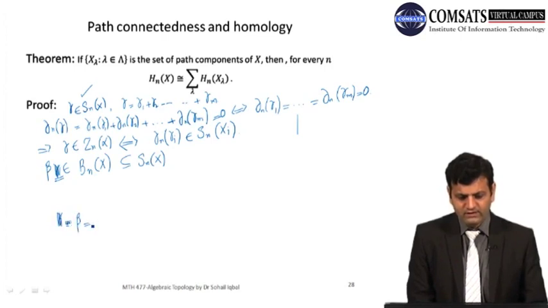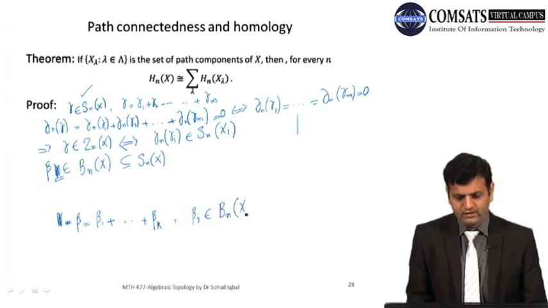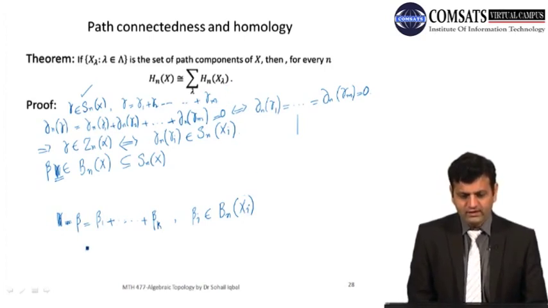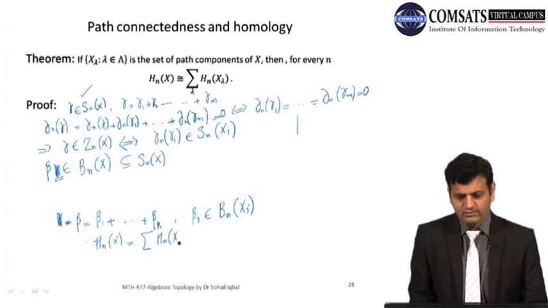So this beta is equal to beta_1 plus so on plus beta_k, such that beta_i belongs to the boundary of X_i, where once again these X_i's are the connected components of X. So using all of this observation, we can define an isomorphism from H_n X to the summation of H_n X_lambda.